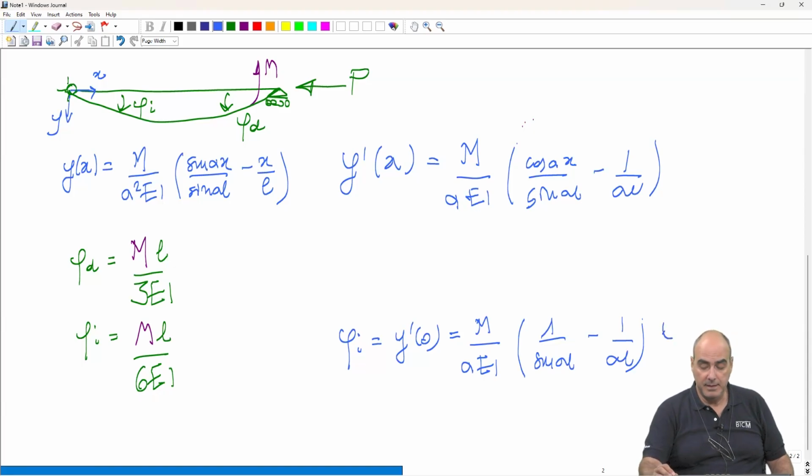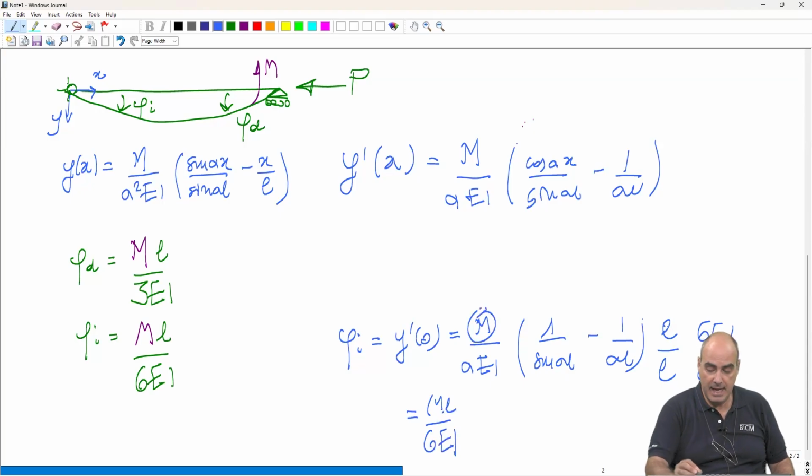Simply multiply and divide by L, multiply and divide by 6 EJ, and you find M L over 6 EJ, and then you have 6 EJ over alpha L, times 1 over sine of alpha L.